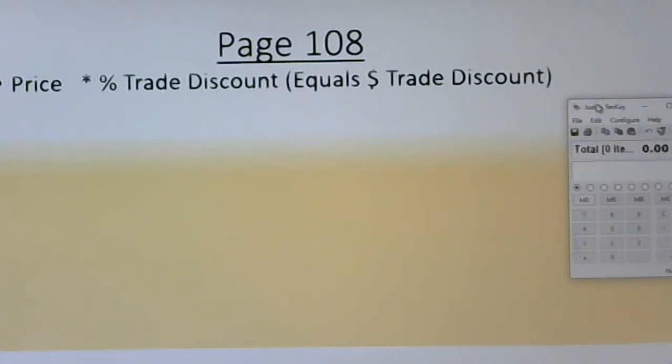Okay, on page 108, we have list price. The trade discount rate is what we're given. And then, so 1,882 times 30% gives you the discount amount of $540.25. Hit the minus and you'll get the net price. So that's the trade discount.